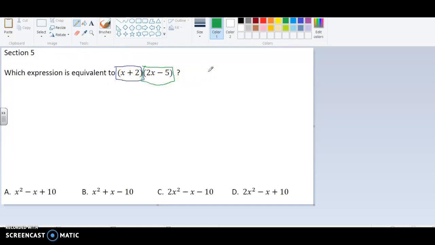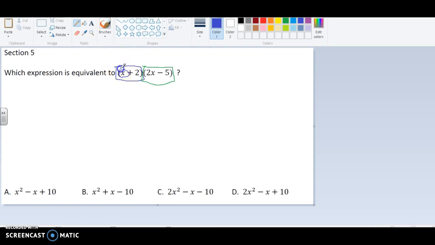So what that really means, to make it more confusing, is that we need to distribute everything inside of that blue set of parentheses into everything in that green set of parentheses. So let's start with that blue set of parentheses. We've got to take that x and go ahead and distribute that first.